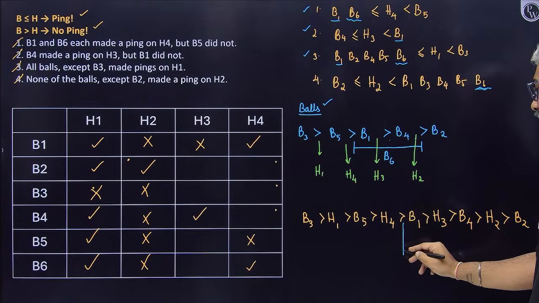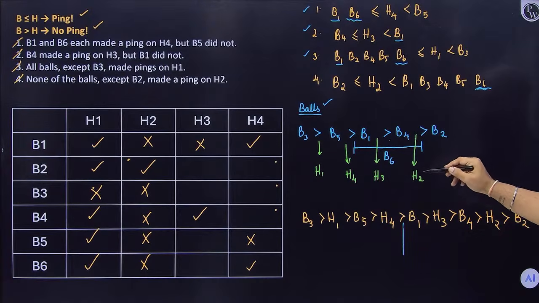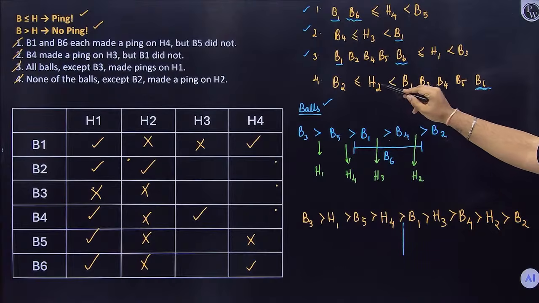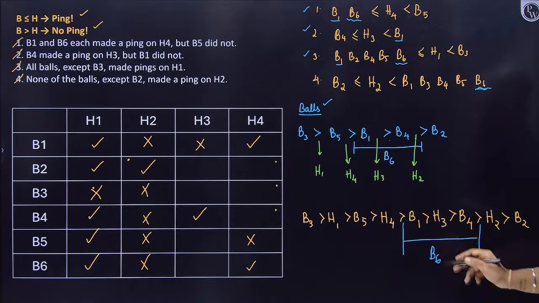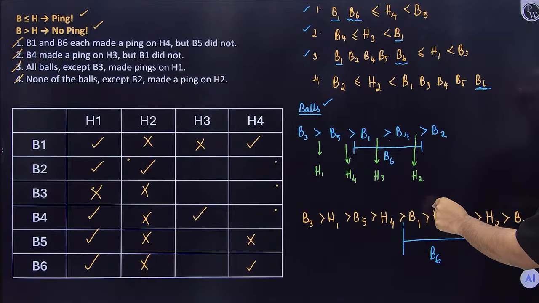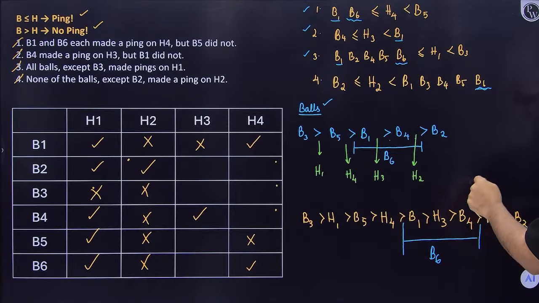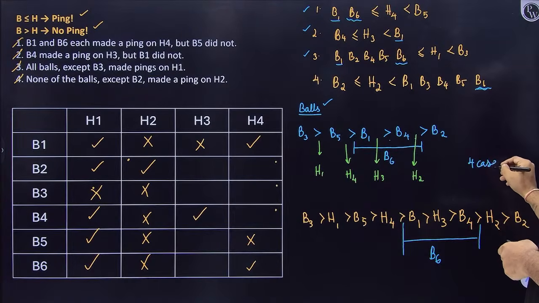Ball 6 is obviously greater than hoop 2. So before hoop 2, anywhere ball 6 can come. Ball 6 can be here, case 1; here, case 2; here, case 3; here, case 4. So overall, there are 4 cases.